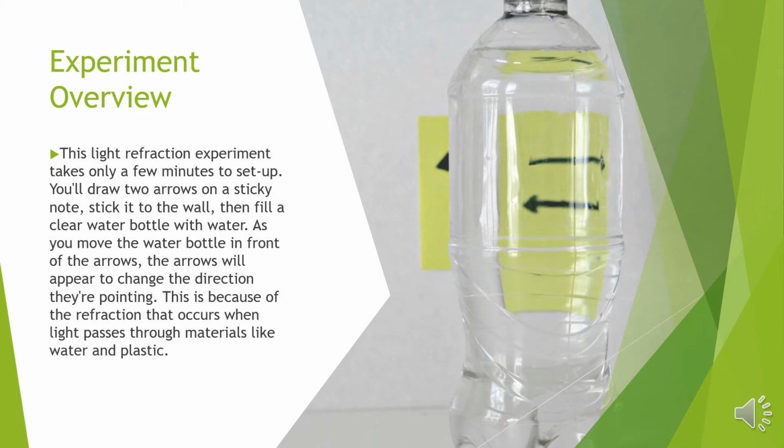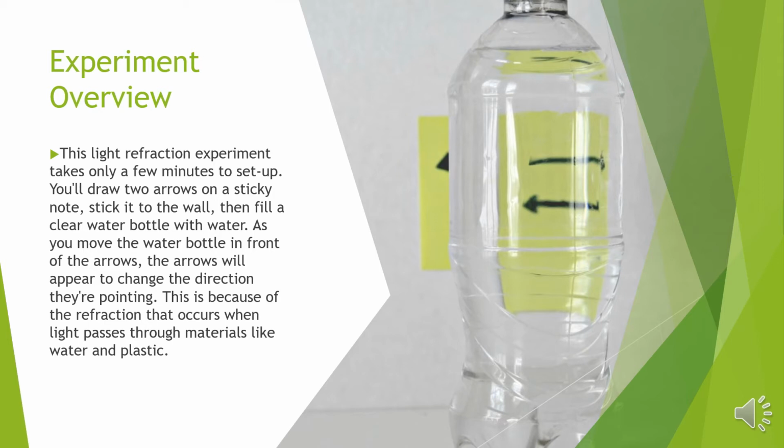Now, this says, this light refraction experiment takes only a few minutes to set up. You'll draw 2 arrows on a sticky note, stick it on the wall, then fill a clear water bottle with water. As you move the water bottle in front of the arrows, they will appear to change the direction they are pointing.